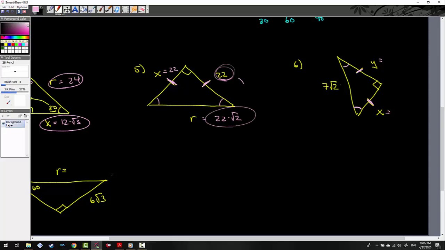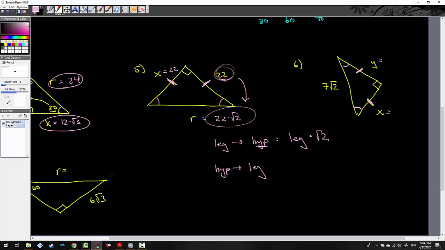So how did the 22 become 22 rad 2? In other words, how did the leg become the hypotenuse? Well, what we did was we took the leg and we multiplied him by rad 2 to get the hypotenuse value. So we have to almost reverse engineer that idea when going from hypotenuse back to leg.